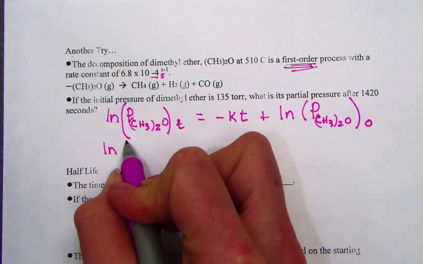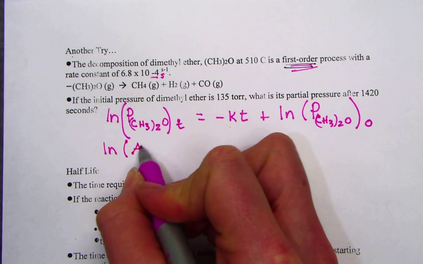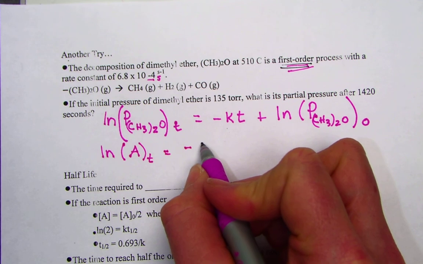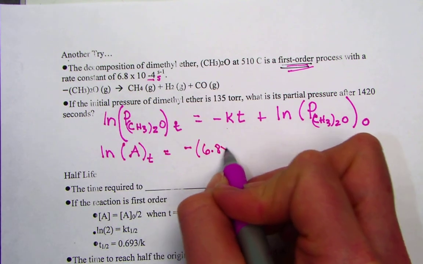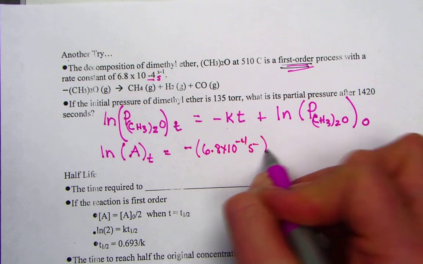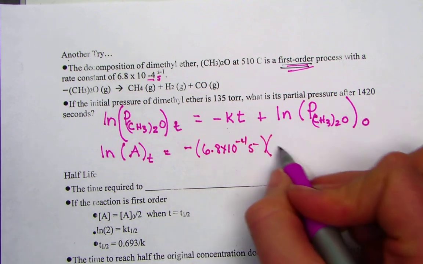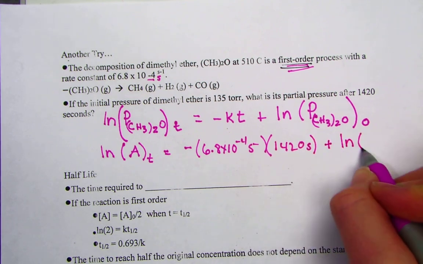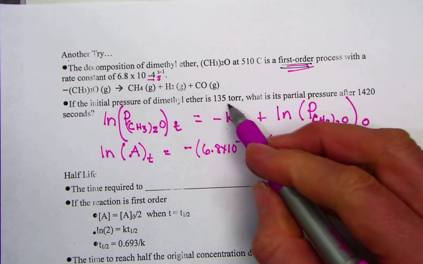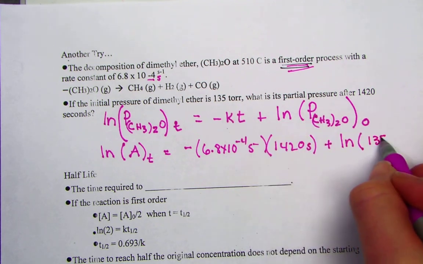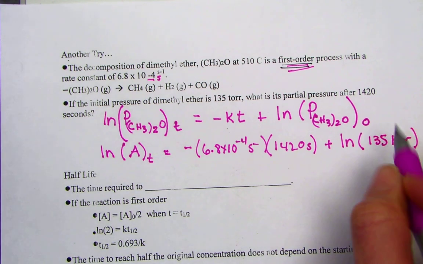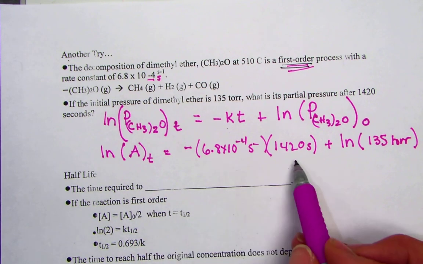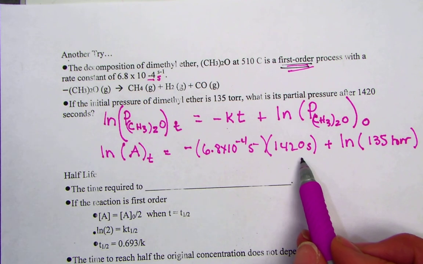The natural log of our reactant, I'll just switch to A at any time t, is equal to negative k given to us, 6.8 times 10 to the negative fourth per second, times the amount of time that went by, 1420 seconds, plus the natural log of the original pressure given to us, 135 torr. We want to know the partial pressure of our reactant after 1420 seconds have gone by.